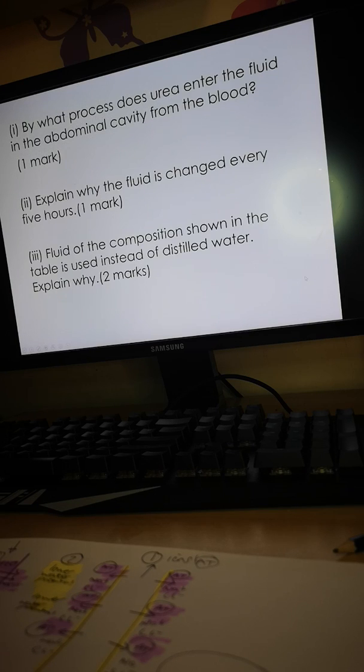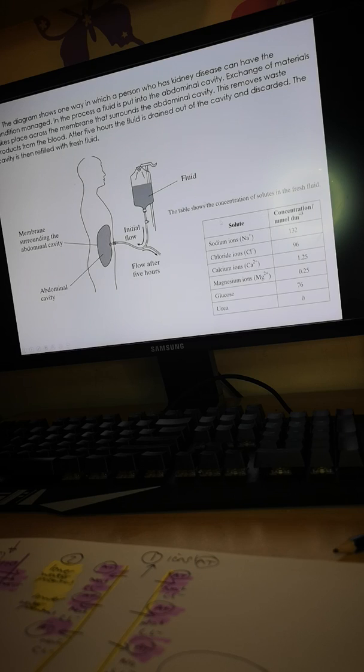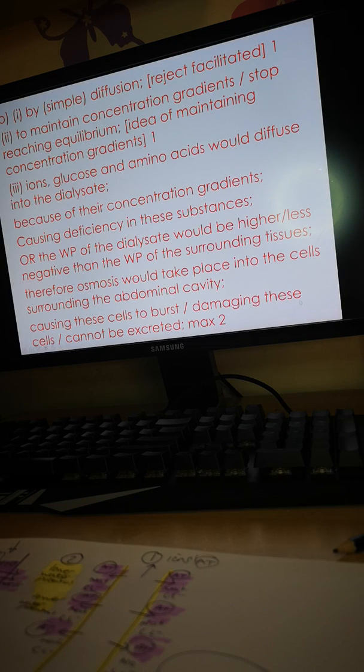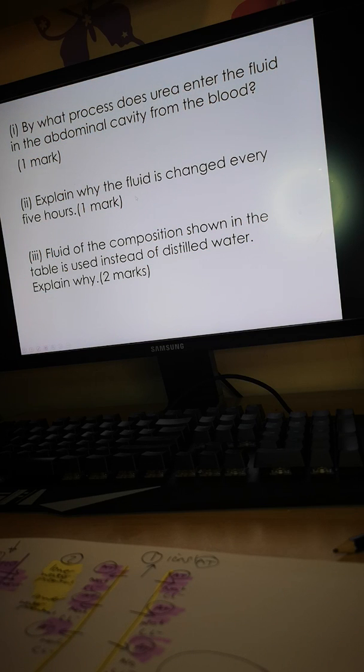Okay. By what process does urea enter the fluid in the abdominal cavity from the blood? Well, we know in the blood it would have a higher concentration than 0, so we know it's going to be diffusion. That's your first mark point, simple diffusion. Explain why the fluid has to be changed every 5 hours.